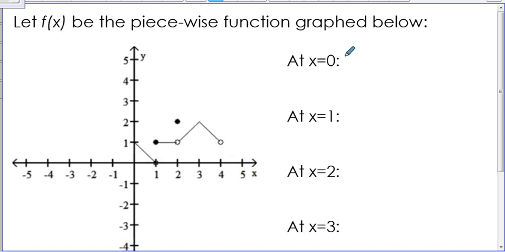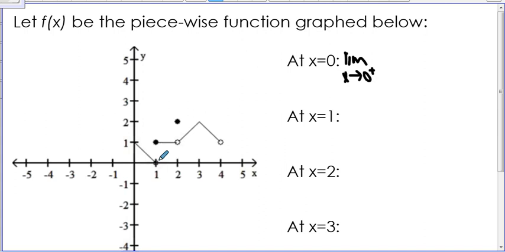So the limit as x approaches 0 from the left-hand side. Here's 0, and from the left-hand side, there's nothing there, so that part actually doesn't exist. So we're going to try from the right-hand side.